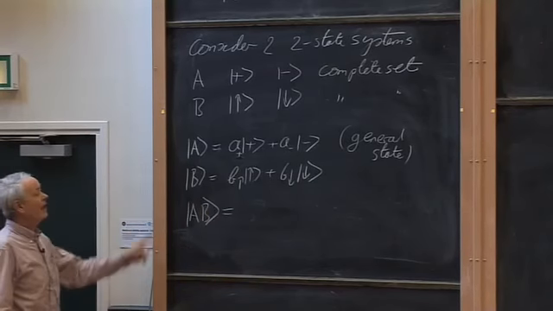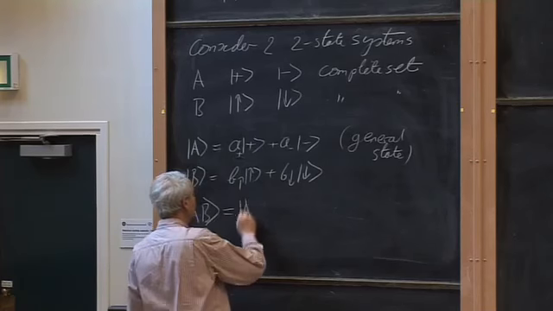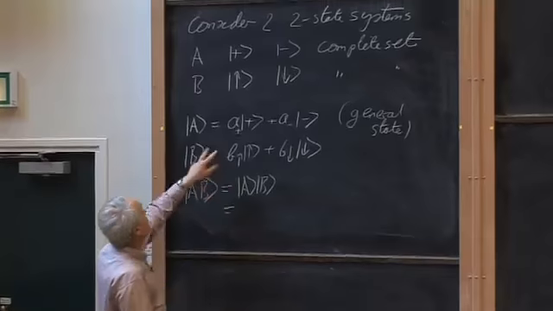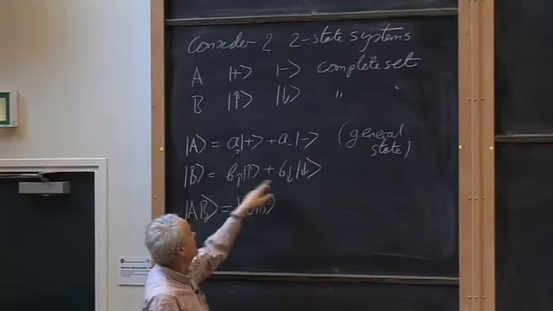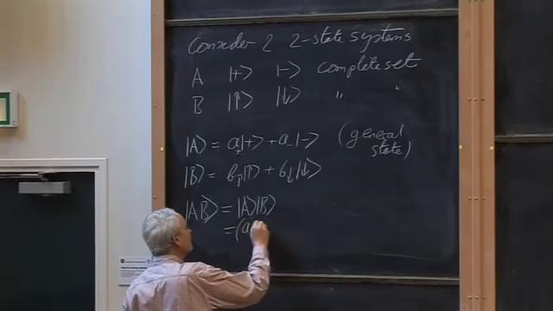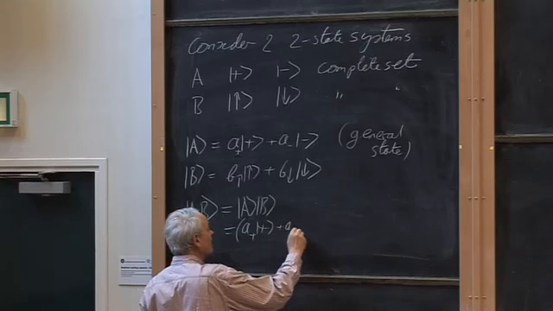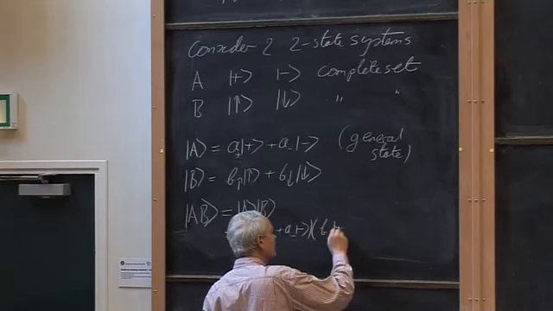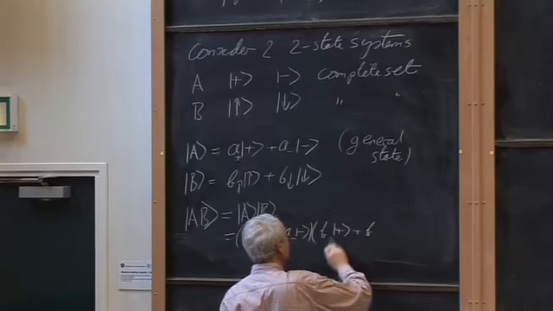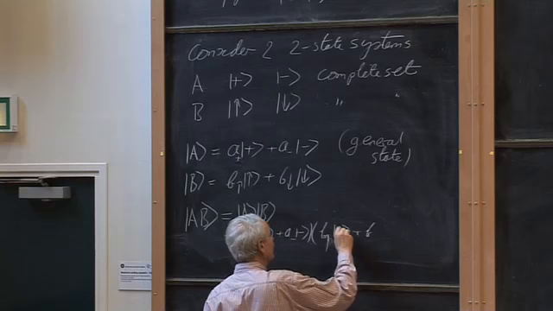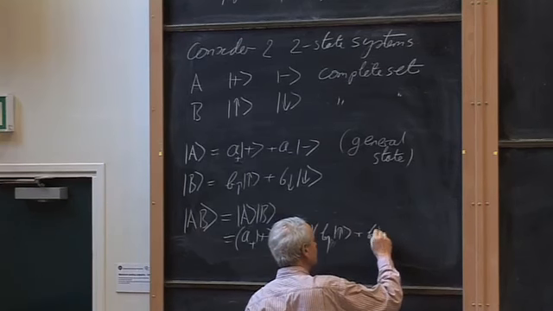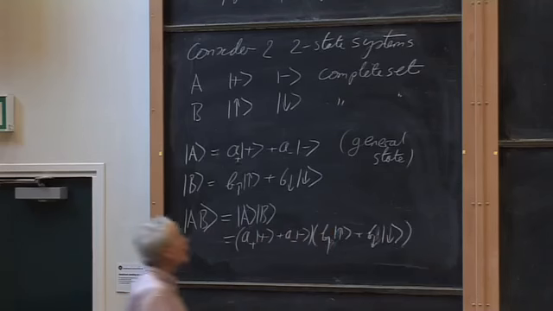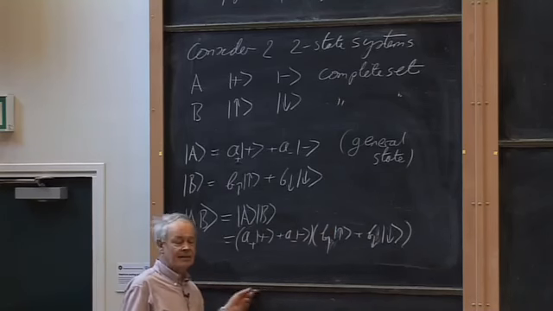The state of AB that we get is going to be this thing bracketed into this thing, A plus plus A minus minus, times B up and B down. This has the up and the down states. And when you multiply this out, you get a disgusting mess, right?